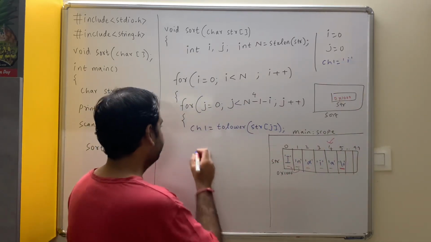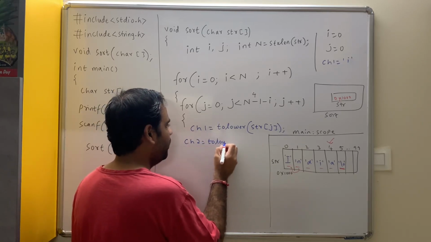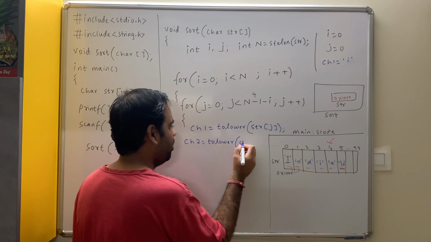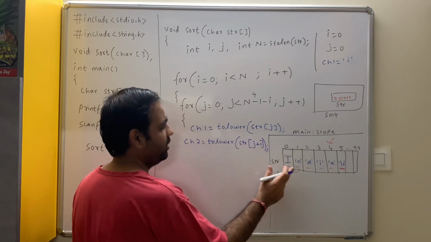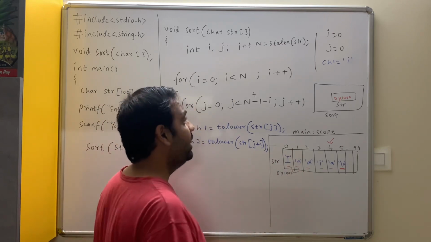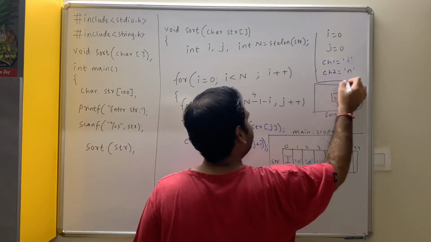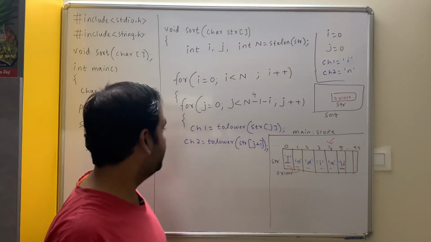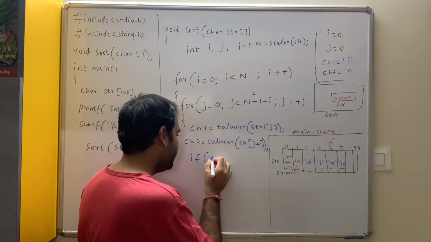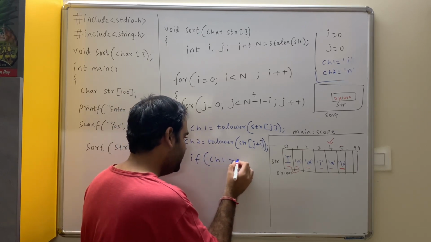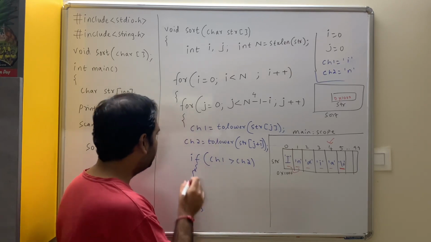And I say ch2 is equal to tolower of str of j plus 1. Now 0 plus 1 is 1, and tolower means ch2 is equal to lowercase n. Now you need to compare: if the value of ch1 is greater than the value of ch2, then I need to swap it.